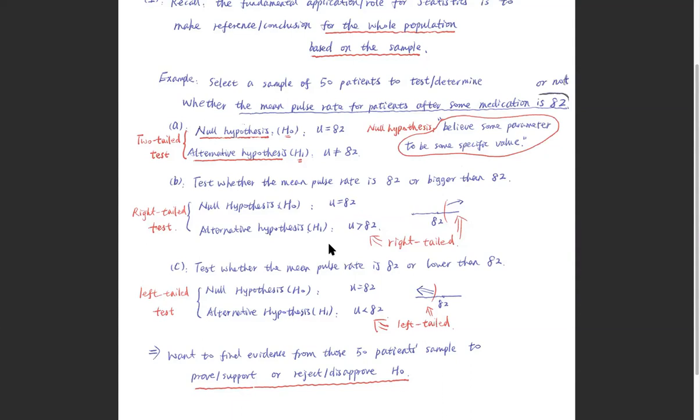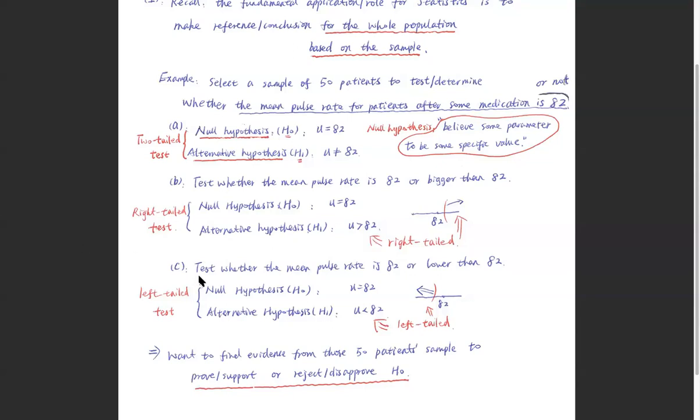So not everything is a multiple choice in the future exam. Okay, there might be one. You have to write down H0, H1, right? So now if we think about this statement here, they are saying the average rate is 82 or bigger. So in other words, you see the H1 becomes what? Becomes mu is bigger than 82. Is that clear?